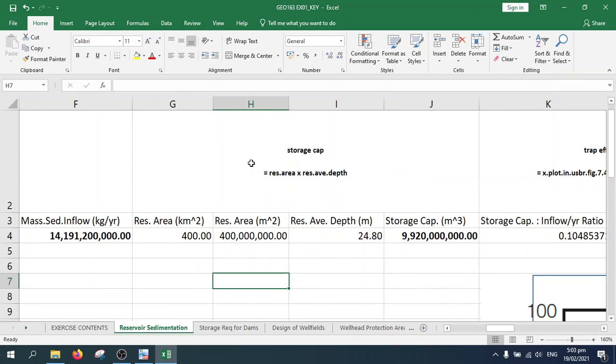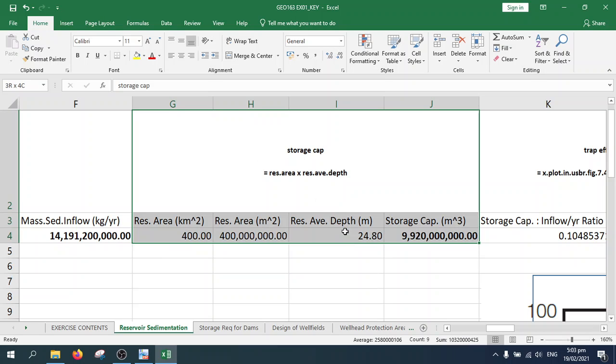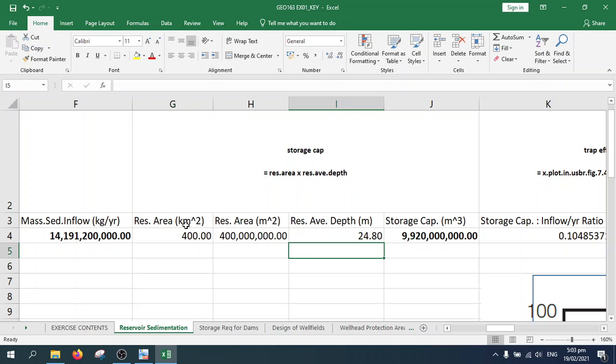Let's move on to the storage capacity or the volume of your reservoir. This is the total volume of your impounding reservoir. Basically, to know the volume, you just multiply the area by the average depth. It's that simple.